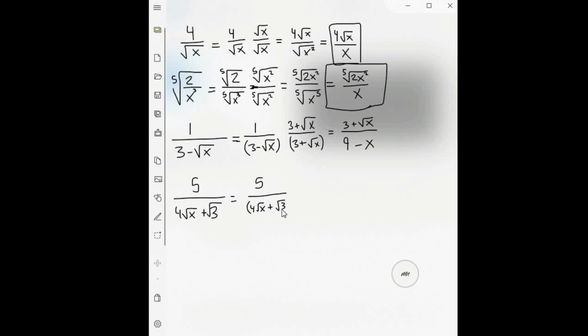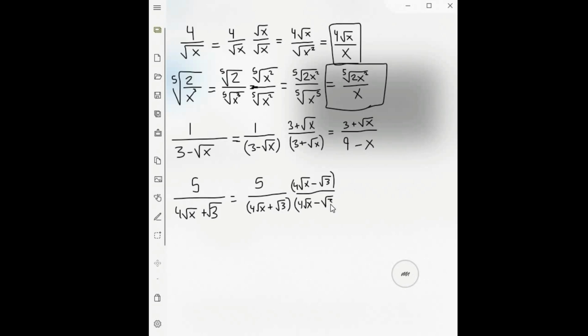We're going to multiply the top and the bottom by 4 times square root x, plus or minus 3x. Just change the sign. All you're going to do is change the sign.